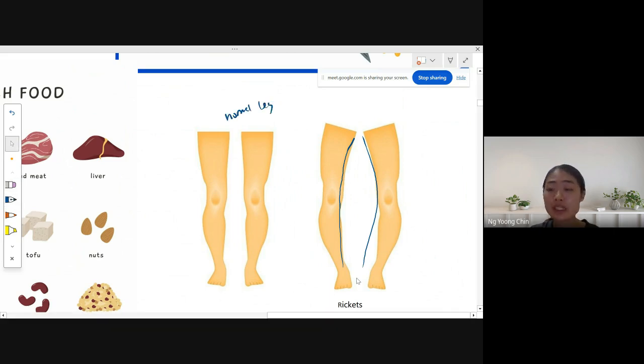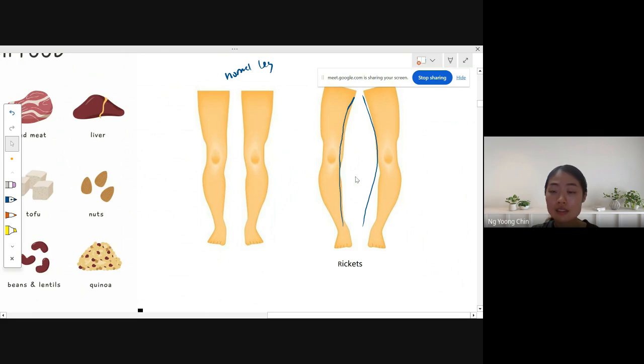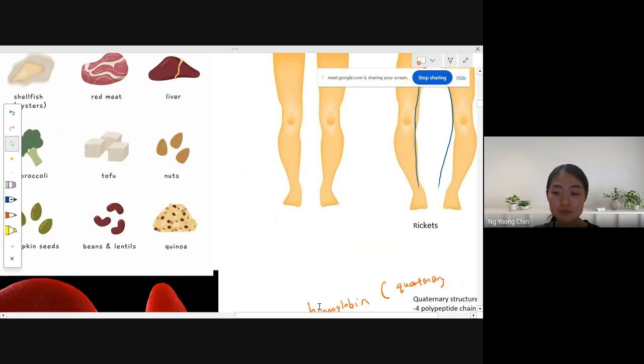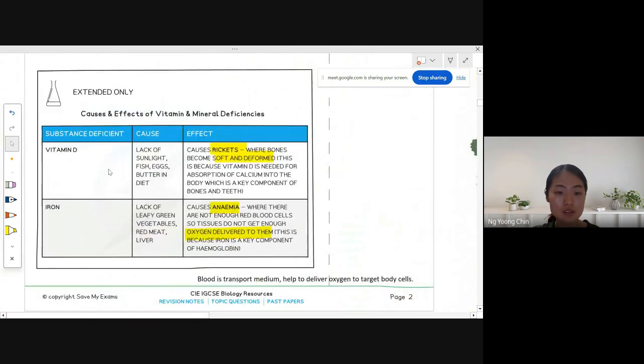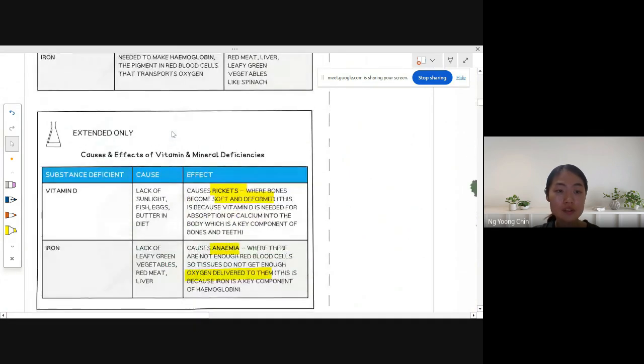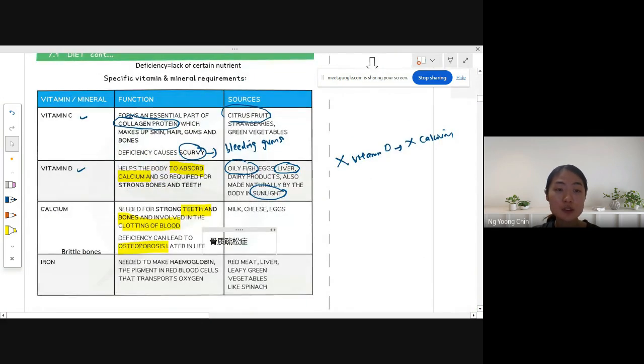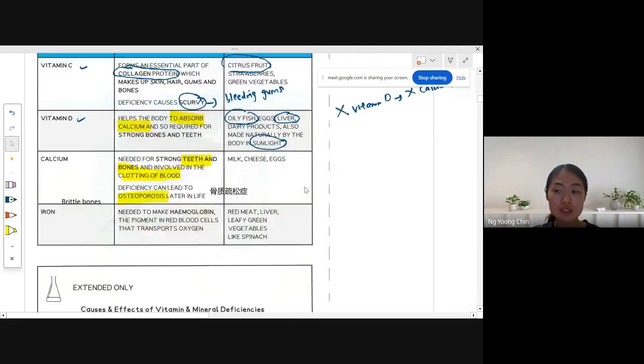This is a person with rickets. Their legs are bent outwards because their bones are very soft and unable to support their weight. So that's all for the deficiency. Usually deficiency will come out in the paper 2 question.